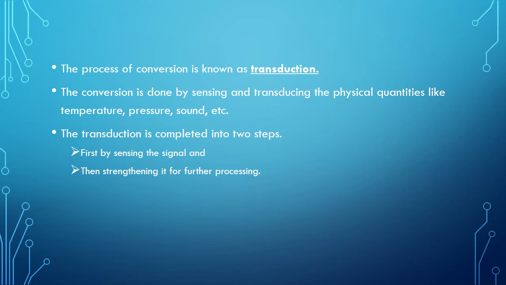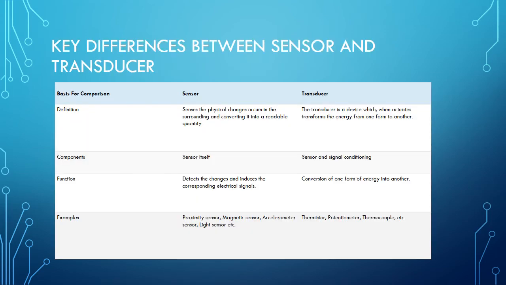The conversion is done by sensing and transducing the physical quantities like temperature, pressure, sound, etc. The transduction is completed in two steps: first, by sensing the signal and then strengthening it for further processing.